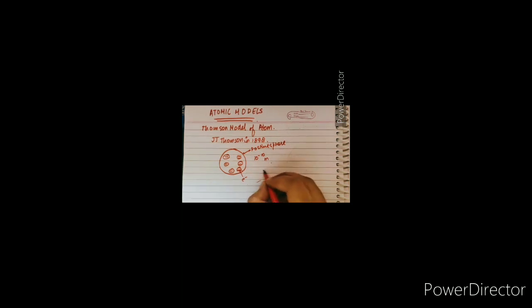Hence it is also called the plum pudding, raisin pudding or watermelon model, because all three names are relatable with this model.